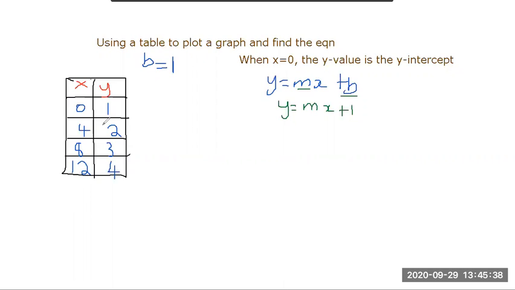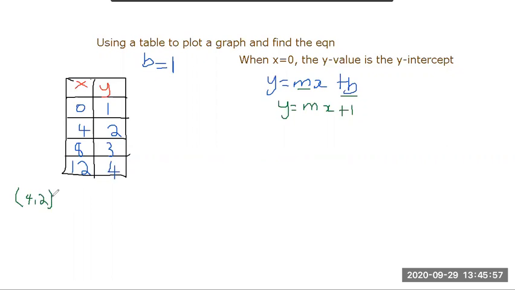So let's pick 2 points from this one. Keep in mind, you want to ensure that you have the x and the y values in the right spots. I'm going to pick 2 points from this table. One point is 4, 2.